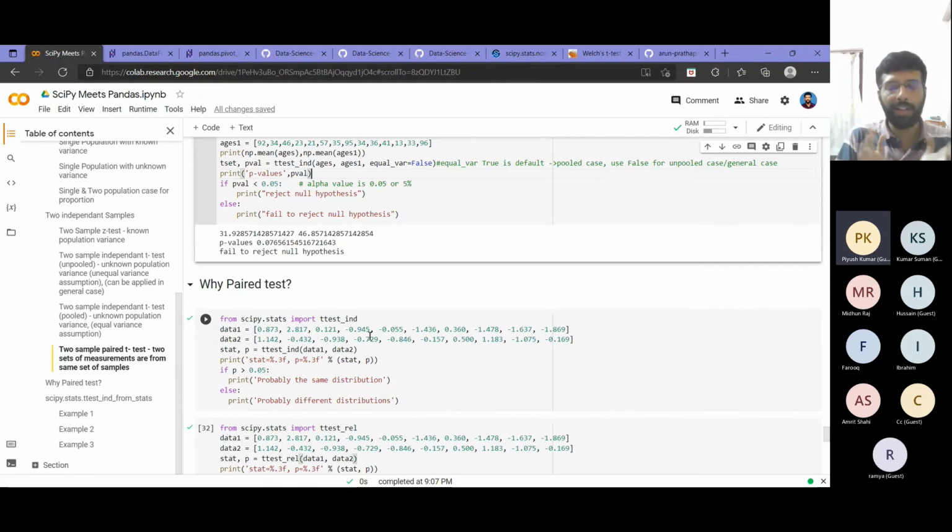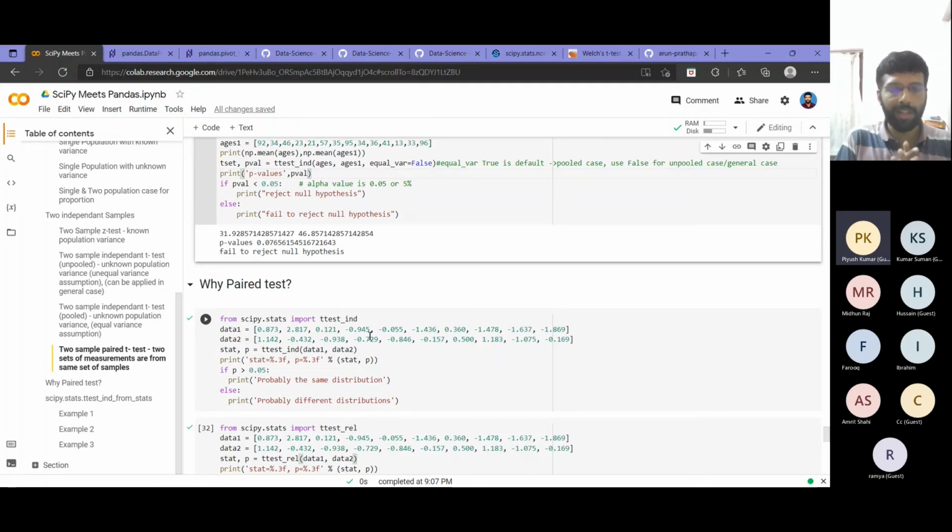Because in both cases only 100 people are there, so 99 is my degrees of freedom. So it would be better if I can find some way to use this similar to a single sample test, because I have only a single sample here. The only thing is I have two measurements corresponding to each single value.